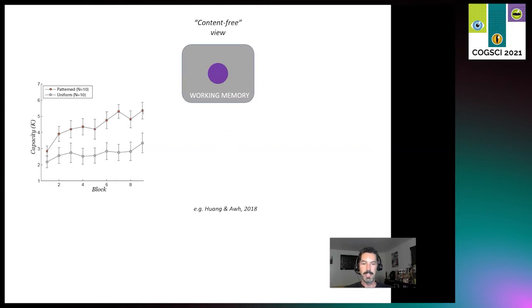Huang and Awh in 2018 used the content-free viewpoint to argue that the Brady et al. result was due to the individual colors being replaced by chunks on trials where chunking was improving performance. And then at test, the chunk can be decoded into the associated colors that were stored in long-term memory.